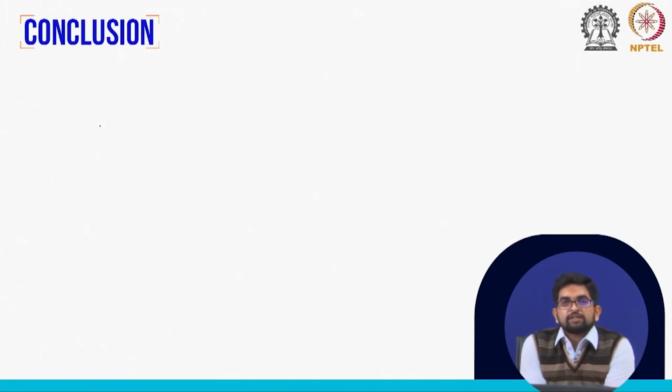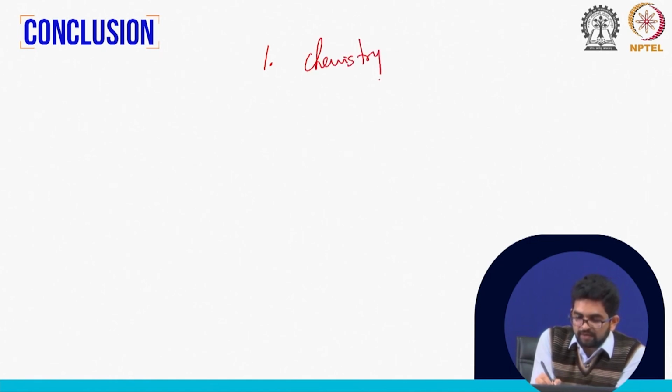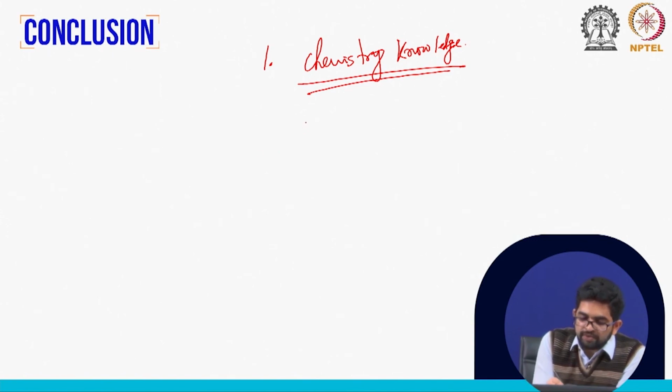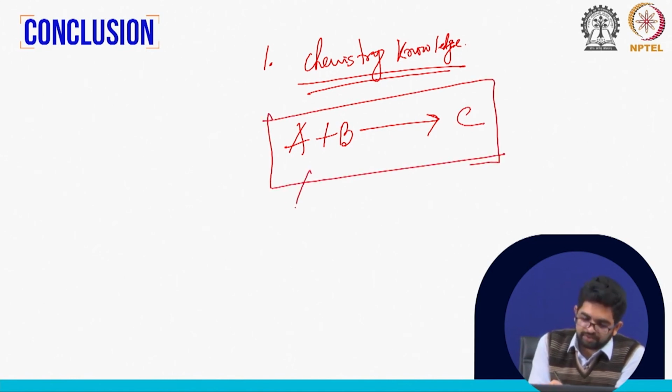Okay, now let us conclude. First thing, what I taught today: use your chemistry knowledge. If you have a chemical A plus B forming C, let us use this for biosensor development.